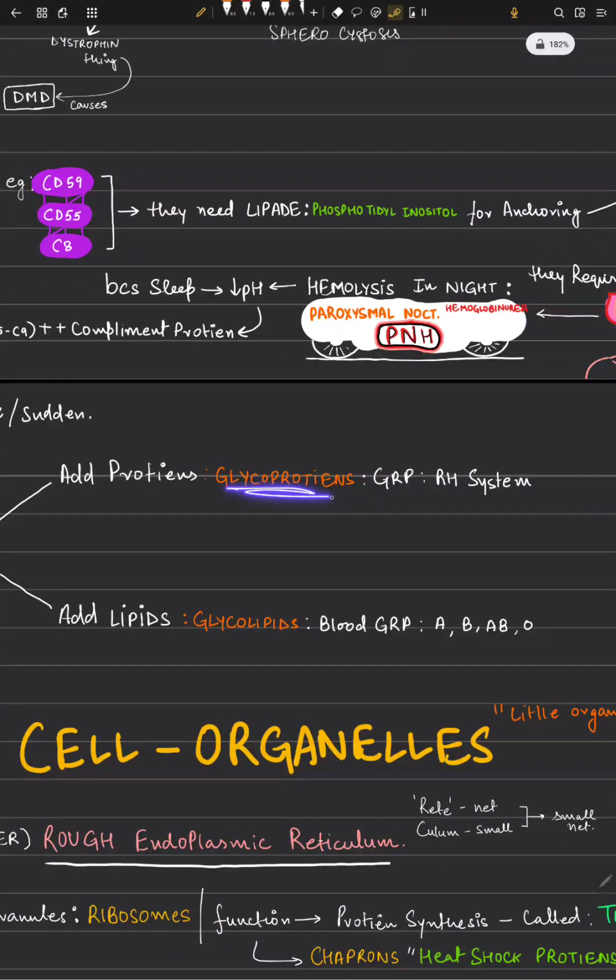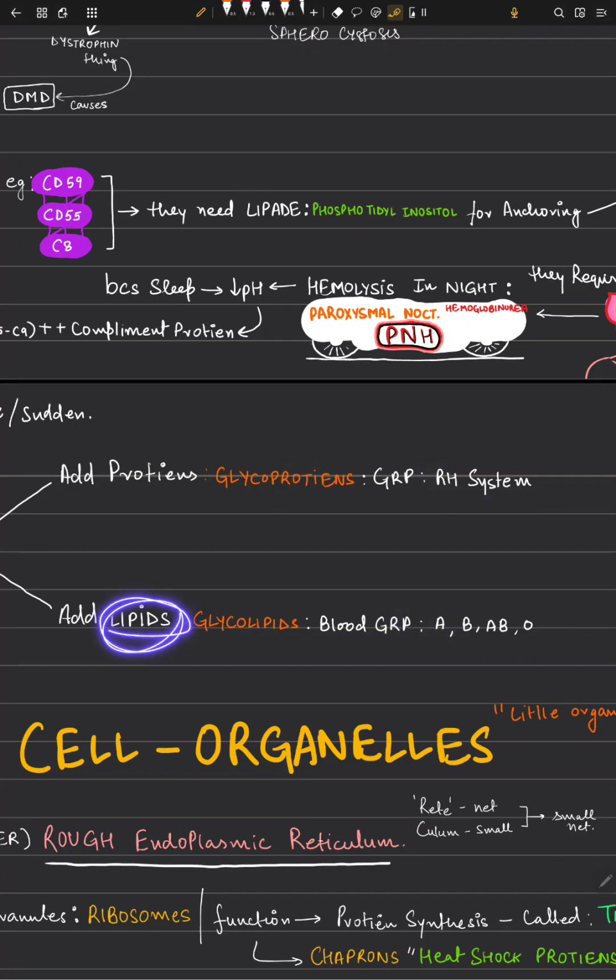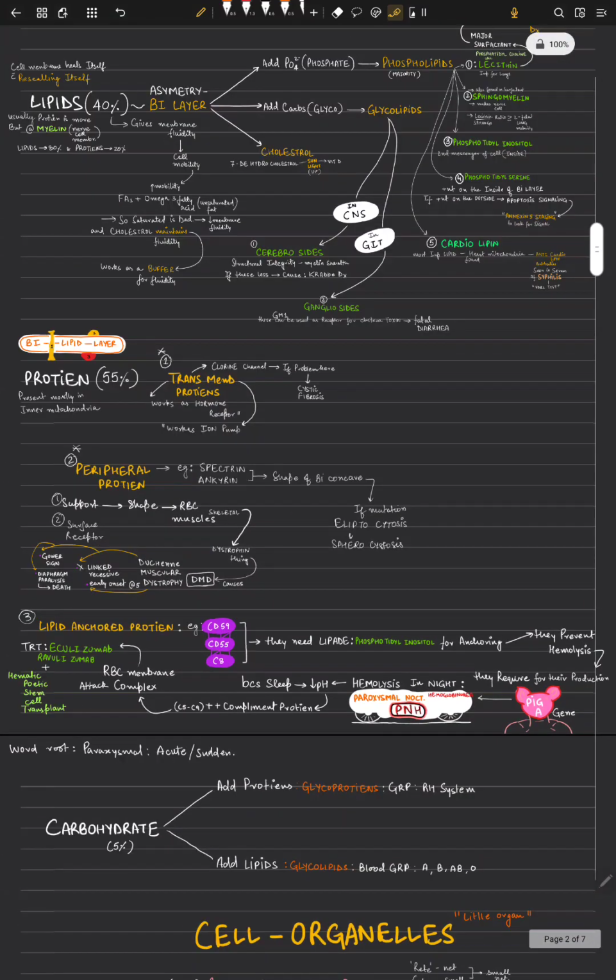We need glycoprotein for the RH system, and glycolipids are for A, B. Okay, I can be wrong about this, I have to check that. So the RH system works on protein. The ABO blood group system works on lipid. Cool. So I think we're done.